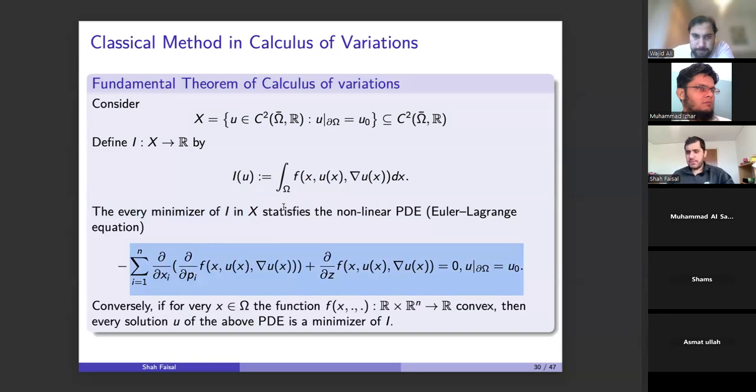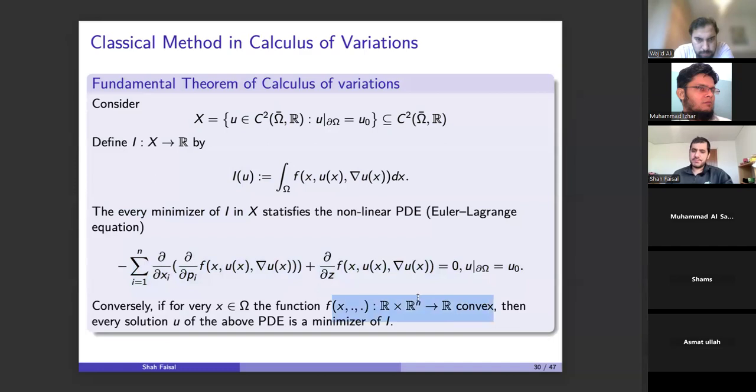So if you want to find a minimizer, you need to solve this equation and figure out what the solutions are, but not every solution will be a minimizer. It's just telling you the candidates for the minimizers. And conversely, if for every x this function is convex, which is the convexity of this function, then every solution of this PDE would be a minimizer.